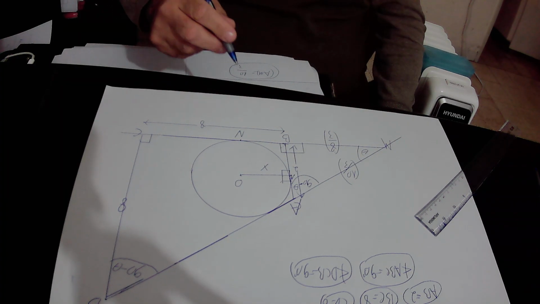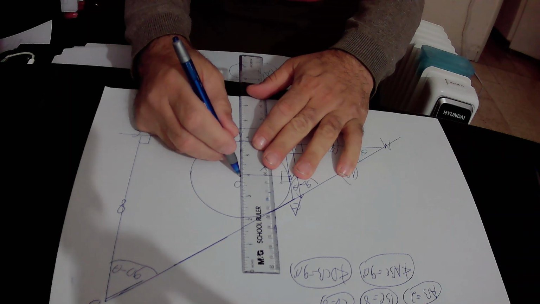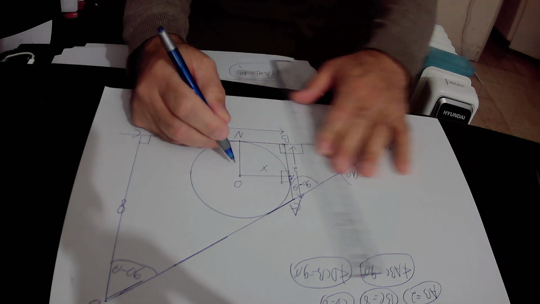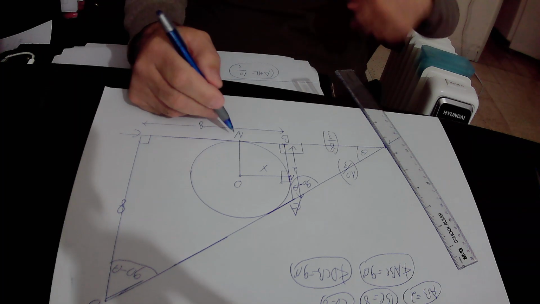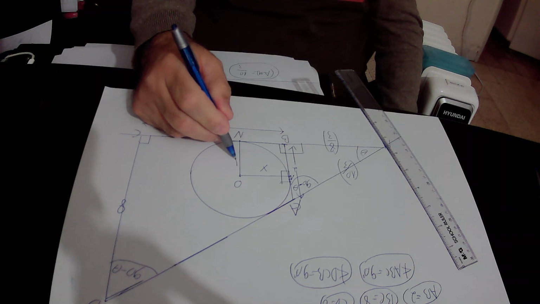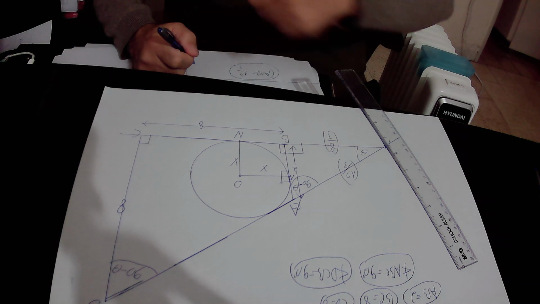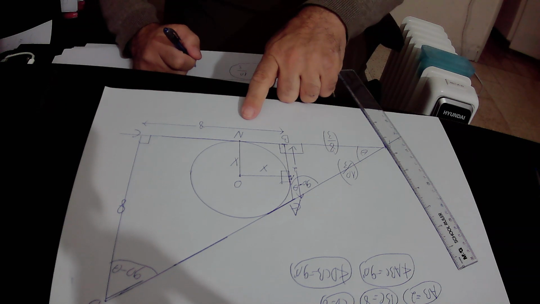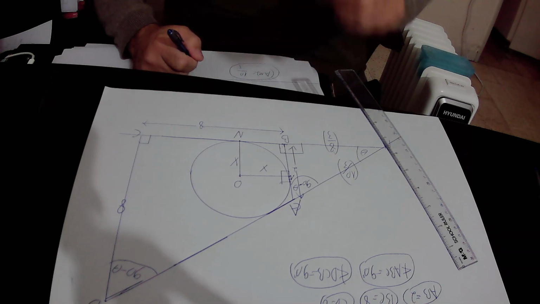In the next step, we join points O and N together by a straight line. Point O is the center of the circle. Point N is the point of the circle itself. Therefore, ON is the radius of the circle that we define as X. Again, the radius ON is drawn to the point of tangency, that is to say it is drawn to point N, that is the point of tangency of tangent BC with the circle.